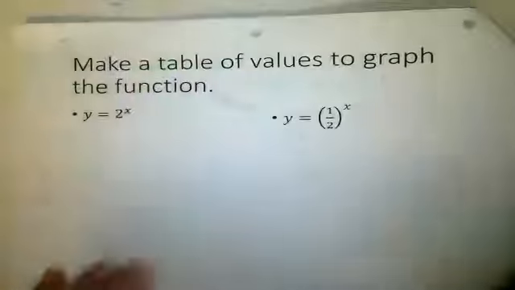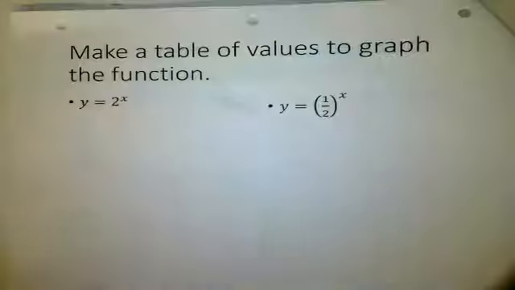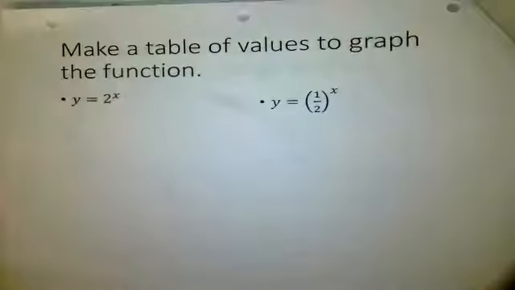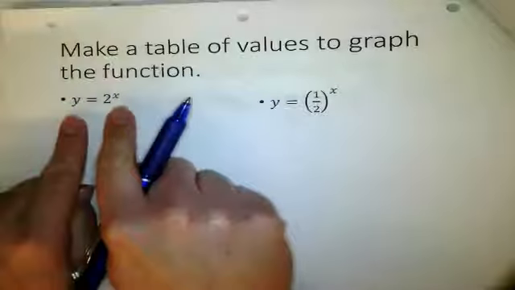All right, make a table of values to graph the function. Talking about these graphs. Make a table of values to graph the function. So whenever you're graphing functions, it's x's and y ordered pairs.